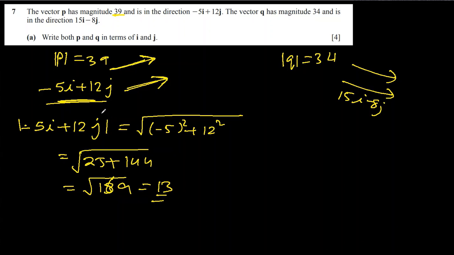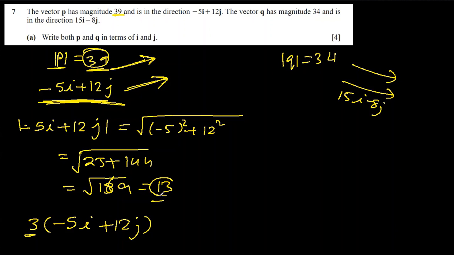That means the magnitude of p is 3 times the magnitude of this particular vector. Since they are in the same direction, we will multiply the given vector minus 5i plus 12j by 3, because 39 is 3 times 13. That means this vector is actually 3 times longer than this vector. Since the direction is the same, that's why we multiplied the same vector by 3.